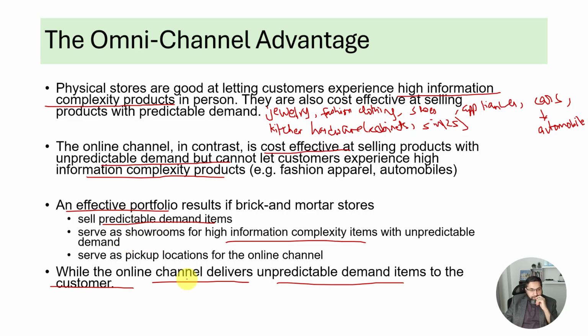Okay. Why do we say unpredictable demand? Because the more unpredictable demand, the more safety stock you need. Okay. So if you have inventory in many different locations, your inventory costs go through the roof because you hold safety stock at every single location. So it's expensive for Walmart to put slow-moving, unpredictable demand items in its retail stores.